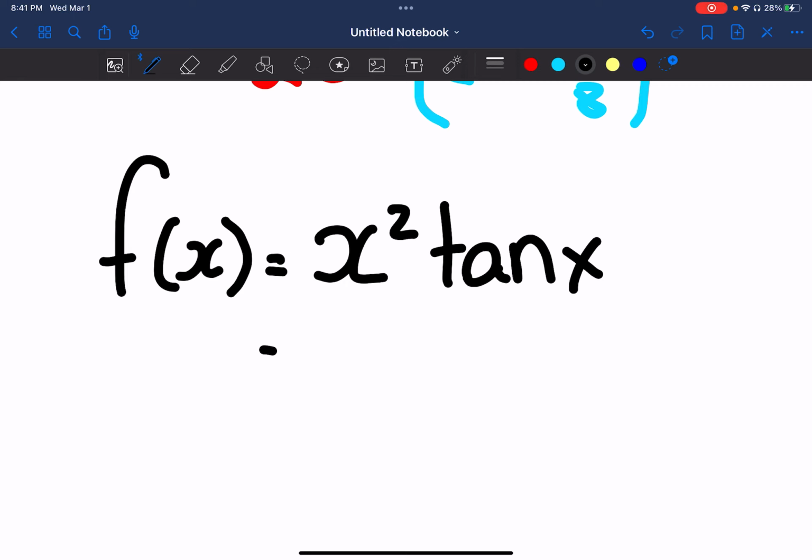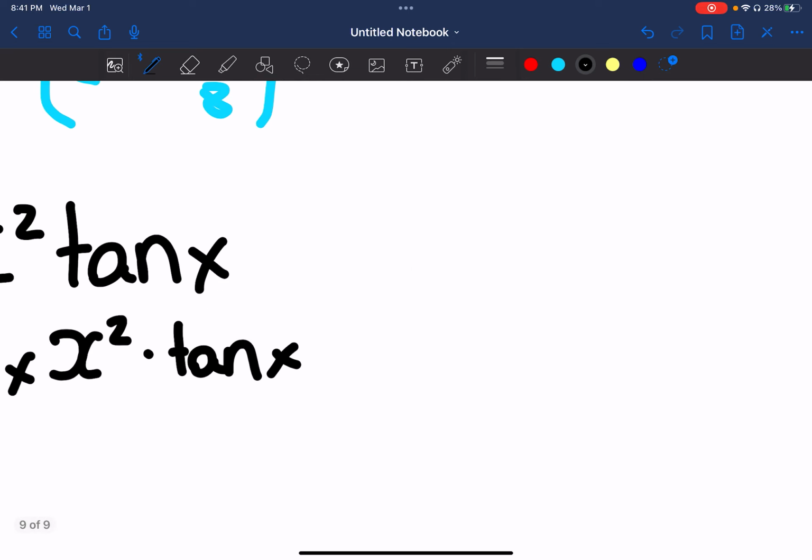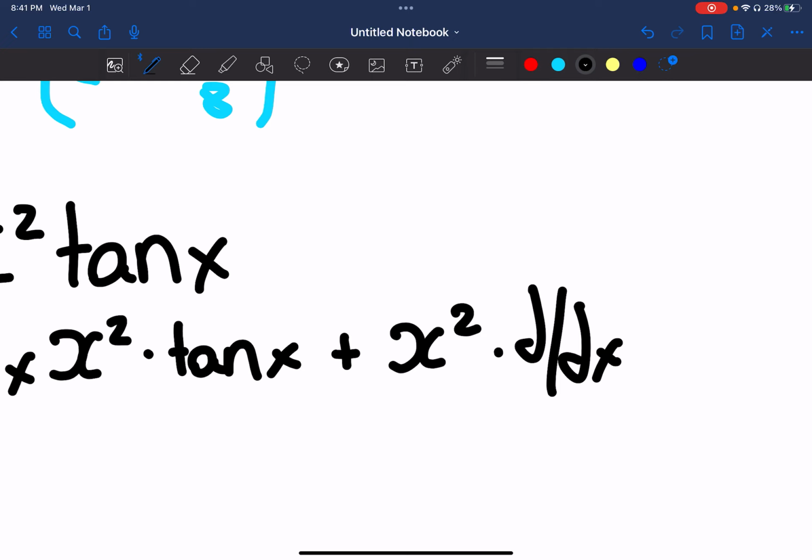But nevertheless, let's continue. So this is equal to, when multiplying two things that can't cancel each other like this, we'll use product rule. So product rule states that we'll have d by dx of x squared times tan x, and it will add x squared times d by dx of tan x.